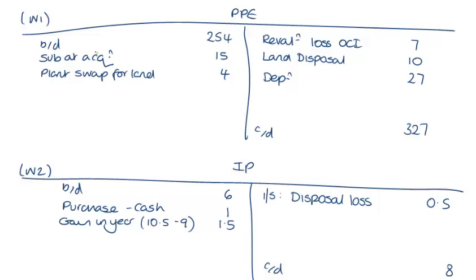So we've got PPE. Credits of 371. Credits must equal debits. Balancing figure is 98. That's additions for cash.